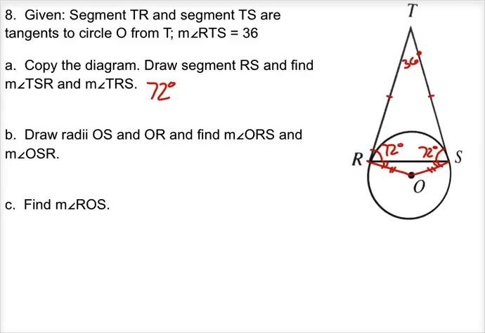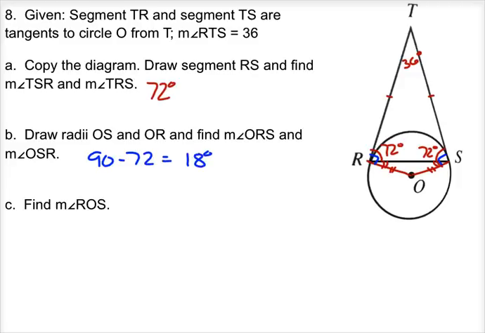How can I figure out how big those angles are? The nice thing is, I know that tangents form 90-degree angles. So if I take 90 and subtract off 72, those angles are going to be 18 degrees.